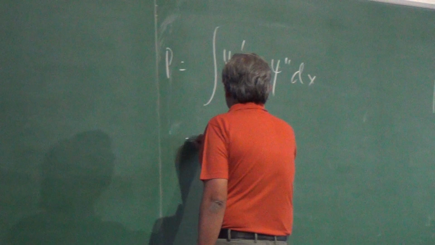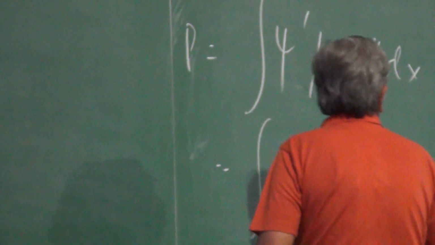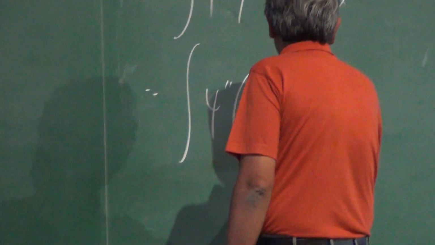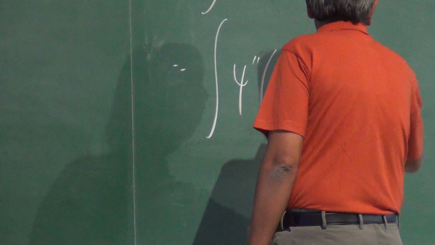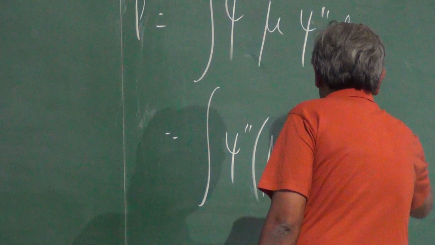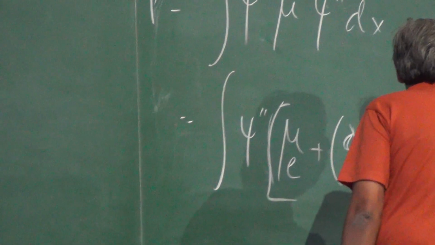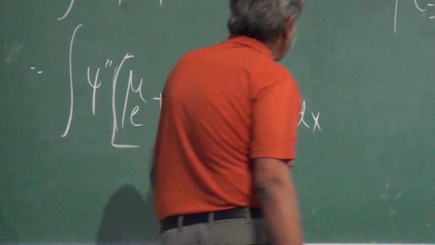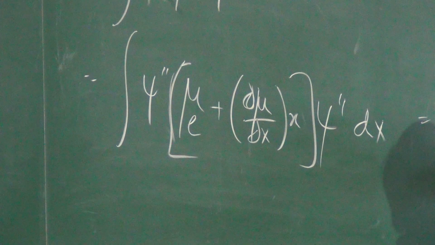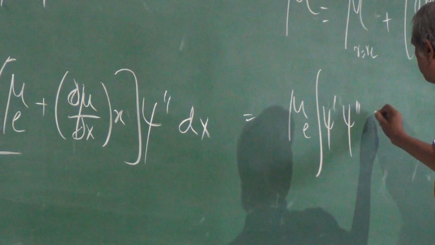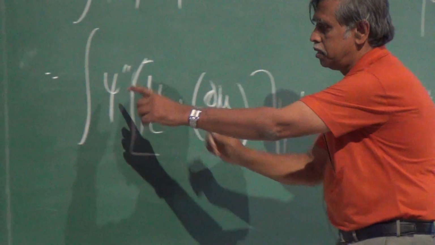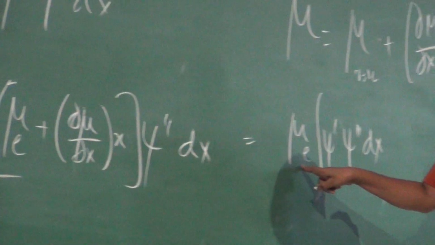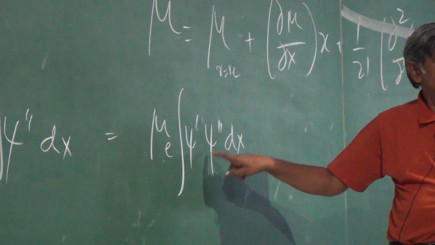So when I do this, what happens? I'm going to take the first two terms of mu, and that's going to be equal to mu_e plus d mu over dx into x. Put this in, and you will find that's going to be mu_e times the integral of psi prime psi double prime dx. But mu_e is a constant, I pull it out, and it stays out, and I have the integral of psi prime psi double prime dx.